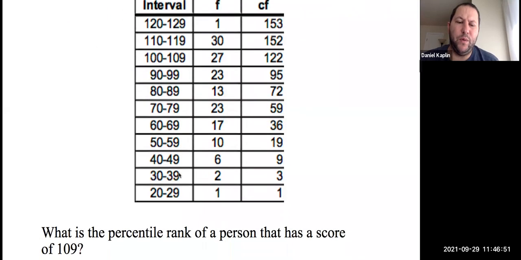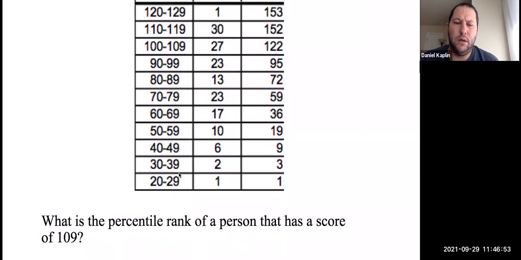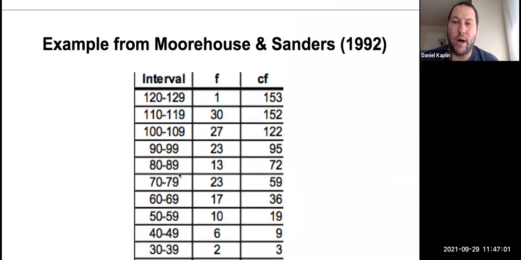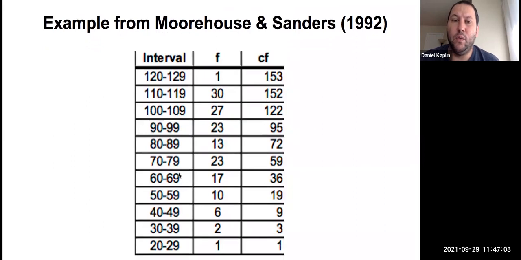But suppose we wanted to figure out what the percentile rank would be for an individual who scored a 109 on the Morehouse and Sanders test. Well, we have a series of procedures which would help us get there. Now, I'm going to show the process on a whiteboard, and then I'm going to come back to the slides sort of as a fact checking.